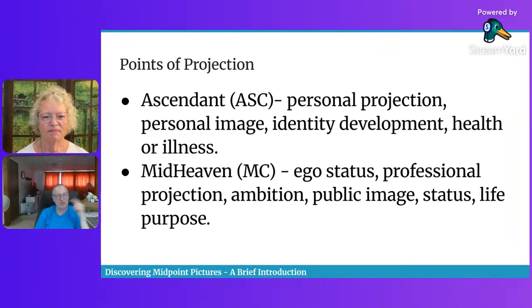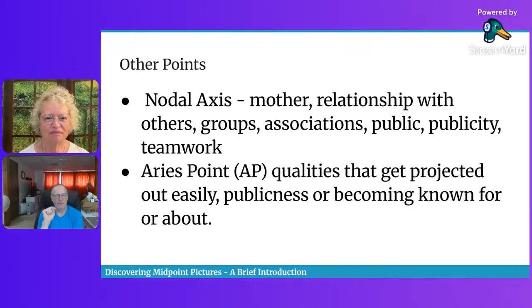Which is why the Ascendant-MC midpoint is so important: if you're doing well at the Ascendant and well at the MC, the world sees who you are and accepts you. Imagine that. What a feeling that would be. It has to do with ambition, public image, status, and life purpose. We're not going to look at any midpoint pictures, but I just wanted to be complete. And I think we have one more.